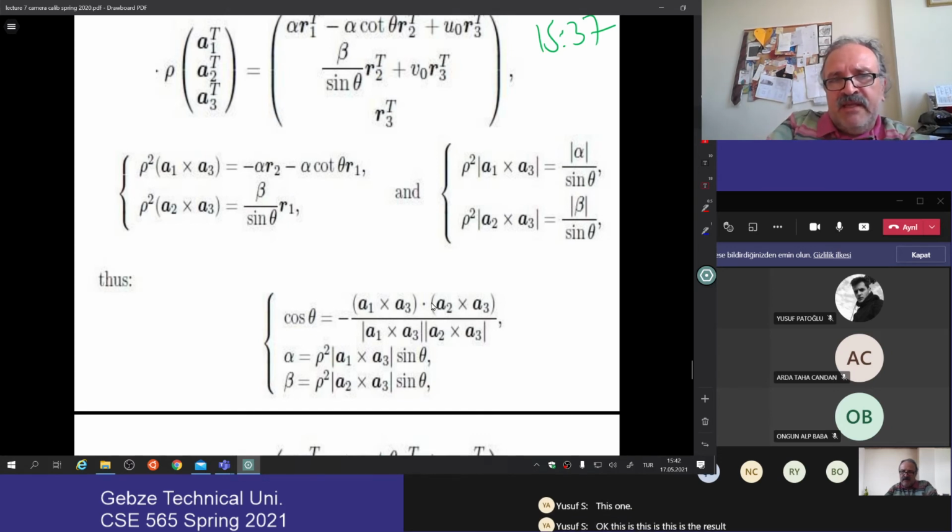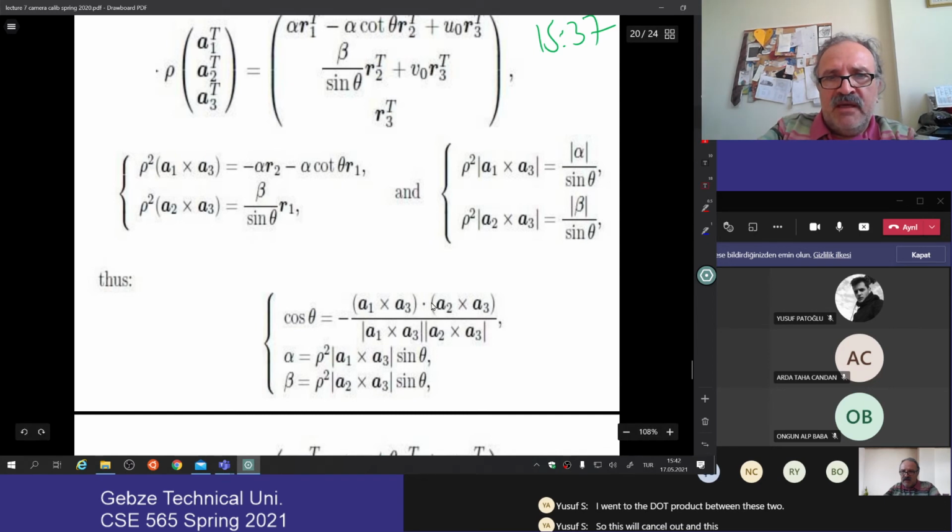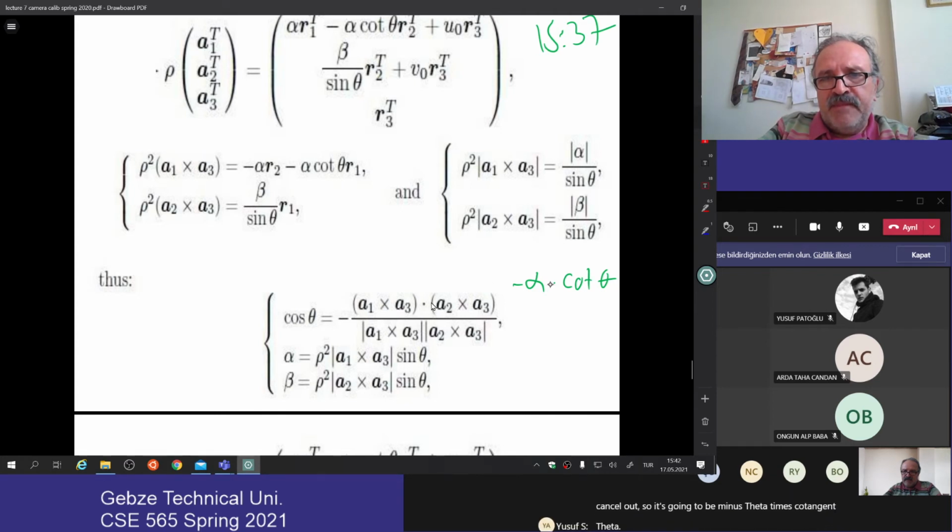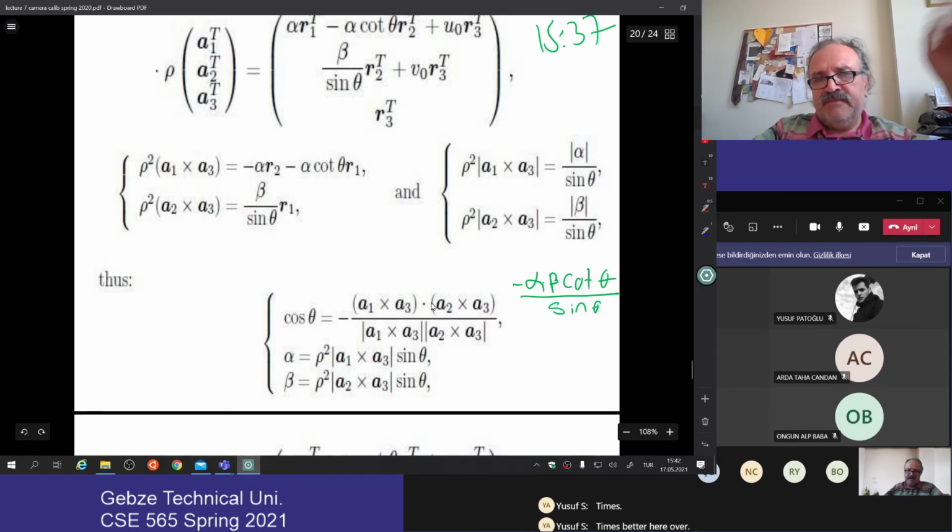And if I do this one, this is the result. And if I divide them, let me try to see what I am getting here. So I am going to do the dot product between these two. So these will cancel out, and the R1s will cancel out. So it's going to be minus alpha times cotangent theta times beta over sine theta.